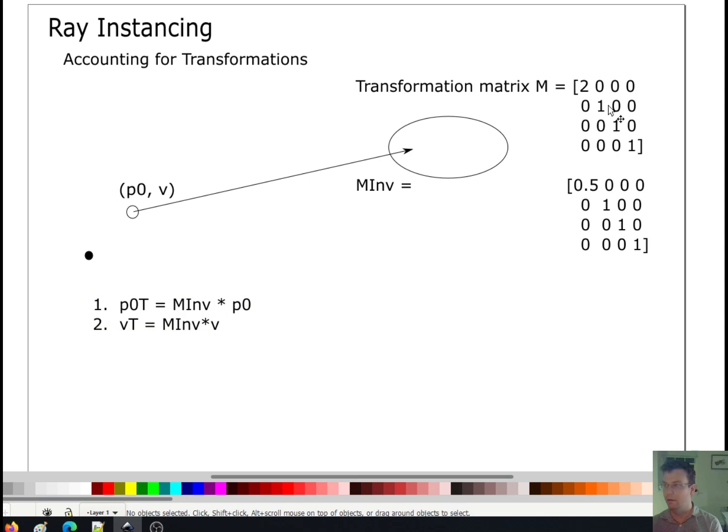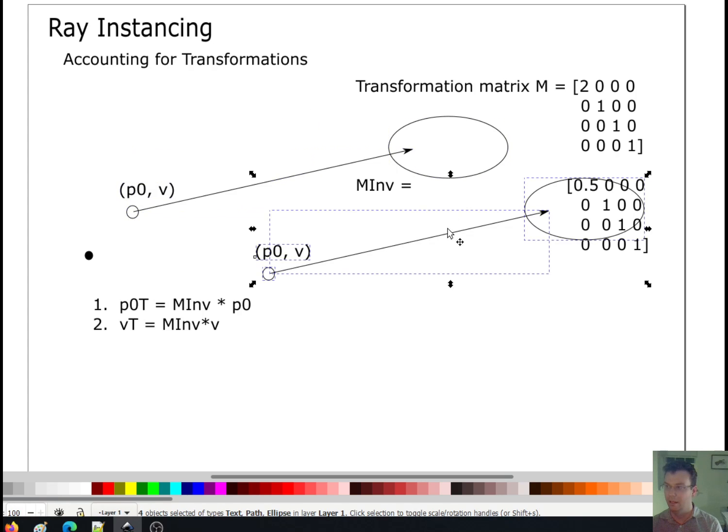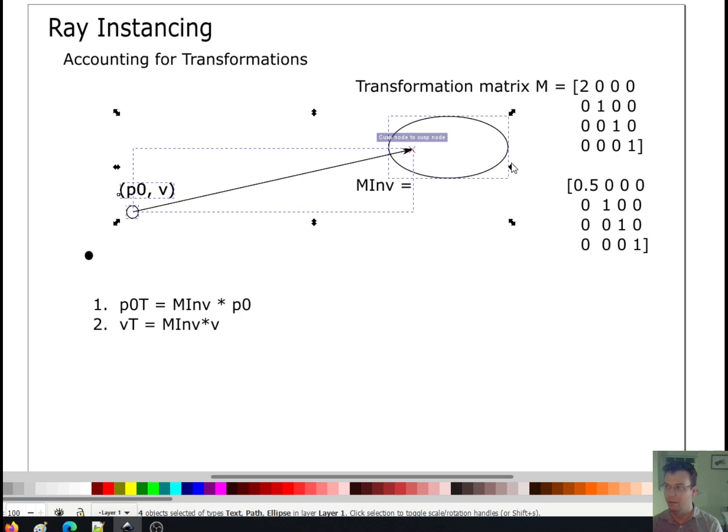So what I'm saying here is this P0 is going to get compressed by a factor of 2. So in this example, it's going to move a little closer to the origin. V is also going to get compressed by a factor of 2 in X. So notice how the V actually ends up pointing a little more up in this direction compared to how it did. Actually, let me show you them side by side.